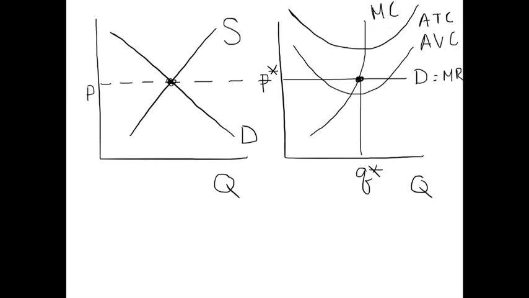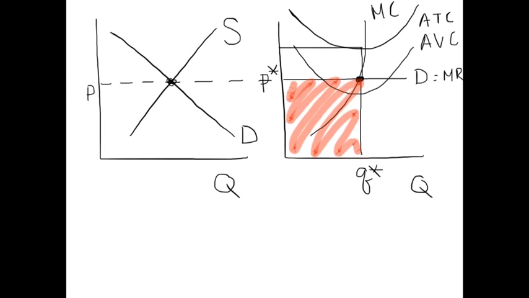Okay? And then what you're going to do is you're going to go again from the optimal bundle and bring that line up to the ATC to find the price at that bundle. And then you bring that over to the y-axis. Okay. So the area underneath the MR, right here, this is all the revenue that you're making, okay?